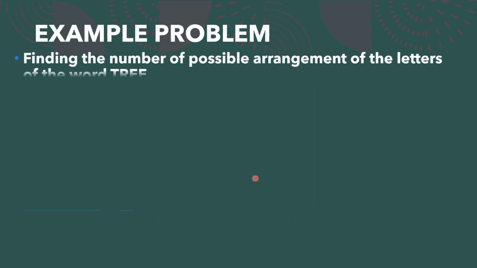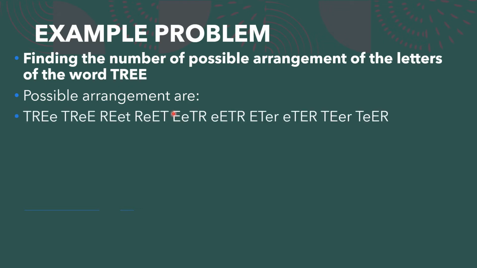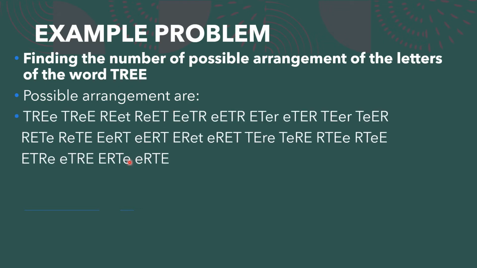Let's try to solve this problem, finding the number of possible arrangements of the letters of the word EYE. So let's try to list all the possible arrangements. We have these arrangements, but kung mapapansin, yung unang letter E, ginawa nating capital, yung sumunod is small letter. Pero kung mapapansin, dito sa two arrangements, parehas lang sila.